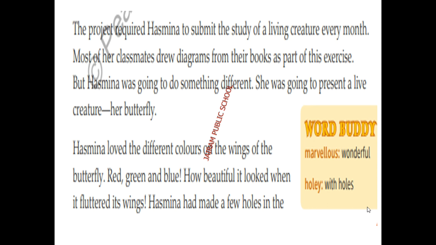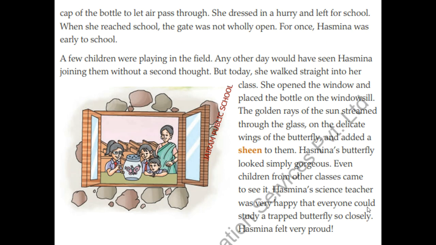How beautiful it looked when it fluttered its wings. Hasmina had made a few holes in the cap of the bottle to let air pass through. Do you know why? Can you guess? Yeah, of course, because the butterfly needs to breathe. She dressed in a hurry and left for school.